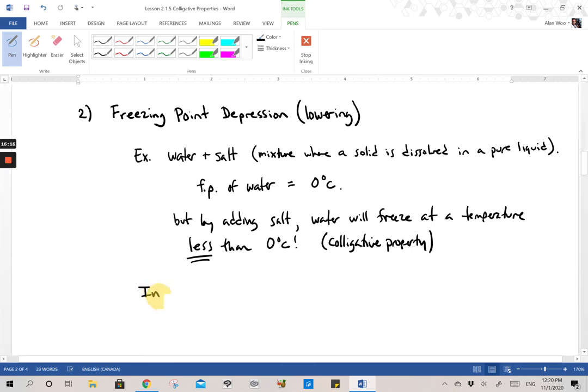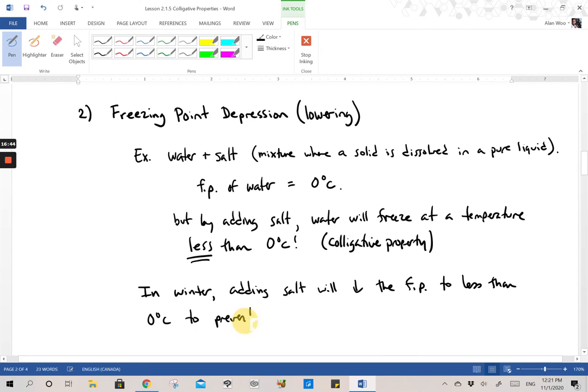So in winter, adding salt will decrease the freezing point to less than 0 degrees Celsius to prevent water from freezing too early.